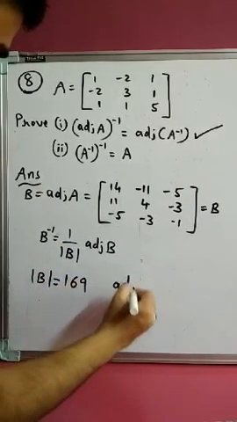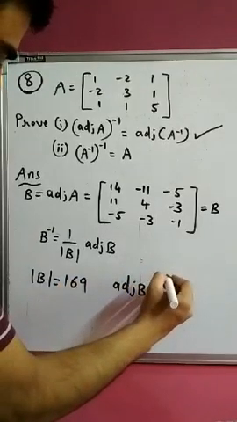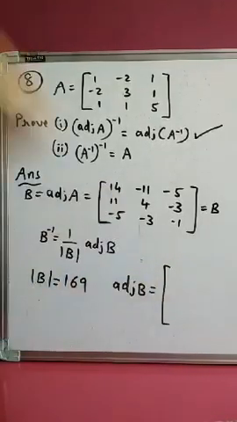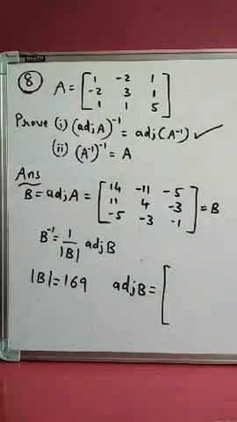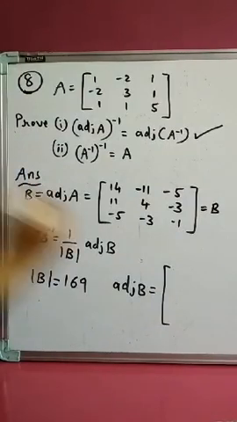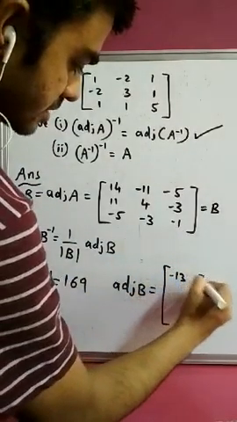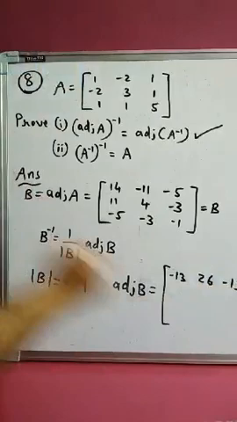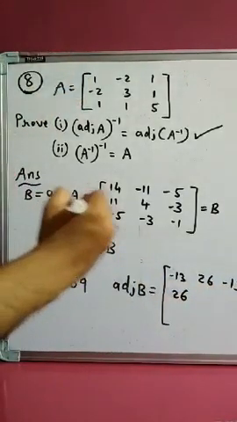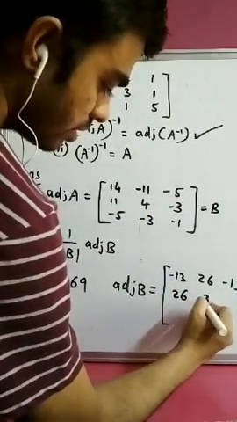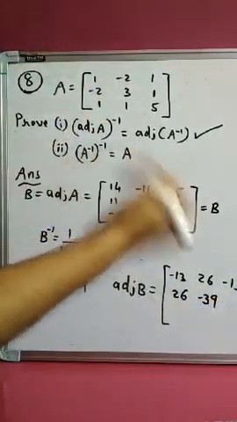And adjoint of B, that means the adjoint of this matrix, if you find it, you will get minus 13, 26, minus 13. By doing it this way you will also be practicing on your own, and your concepts will be clear.